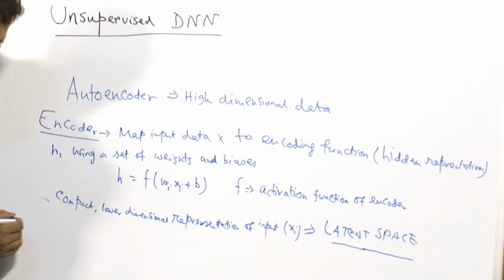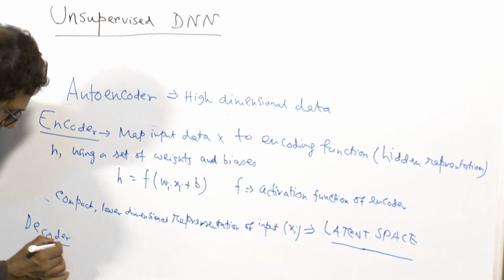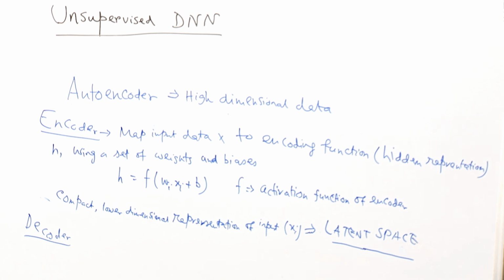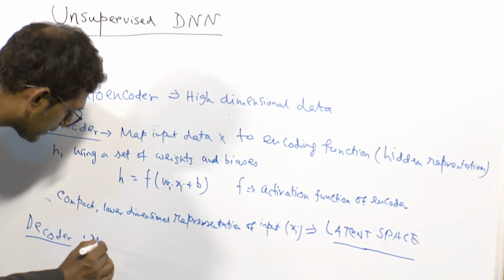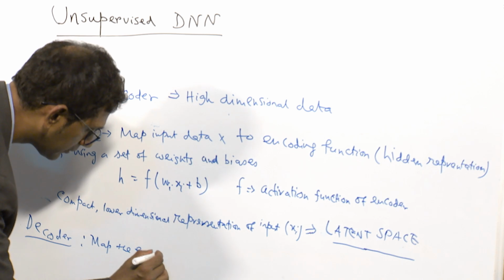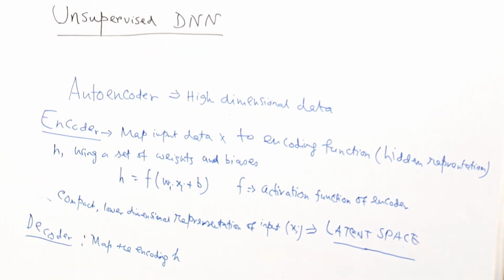And then the decoder, what will it do? It will reconstruct this data. The decoder's goal is to replicate this data, or map the encoding H back to the original input x.